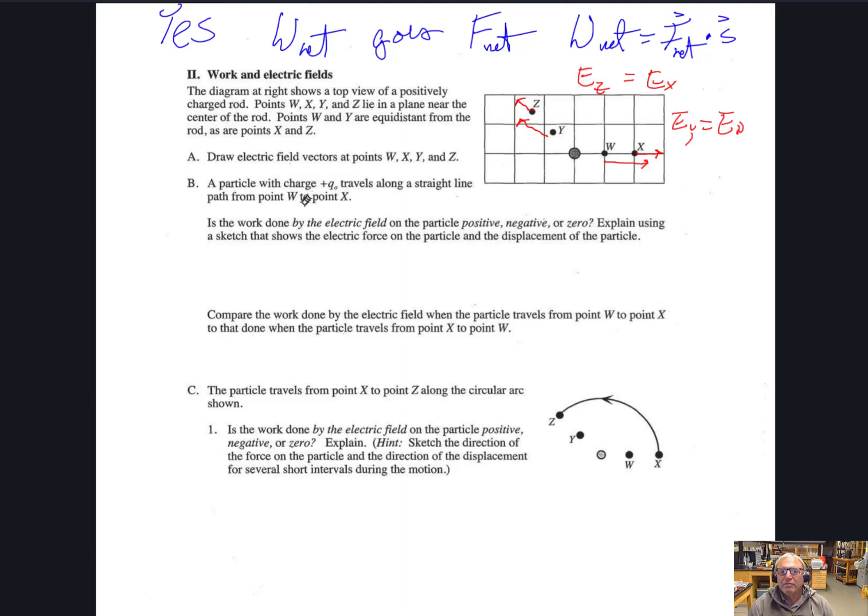A particle moves along a straight line from point W to point X. Well, S_WX. Okay, E is parallel with S, so that implies the force F equals qE is parallel to S, so positive.